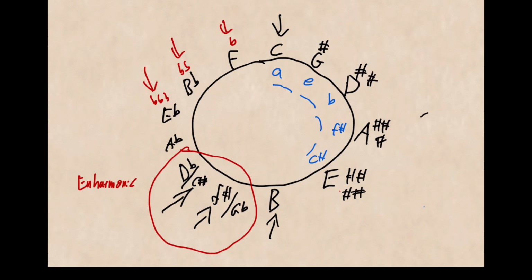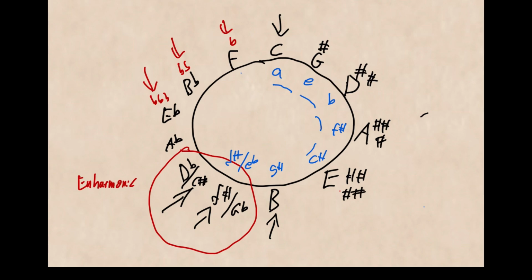And then you have G sharp, and let's just keep going in fifths. D sharp minor, and then the equivalent, which is E flat minor. And so forth.